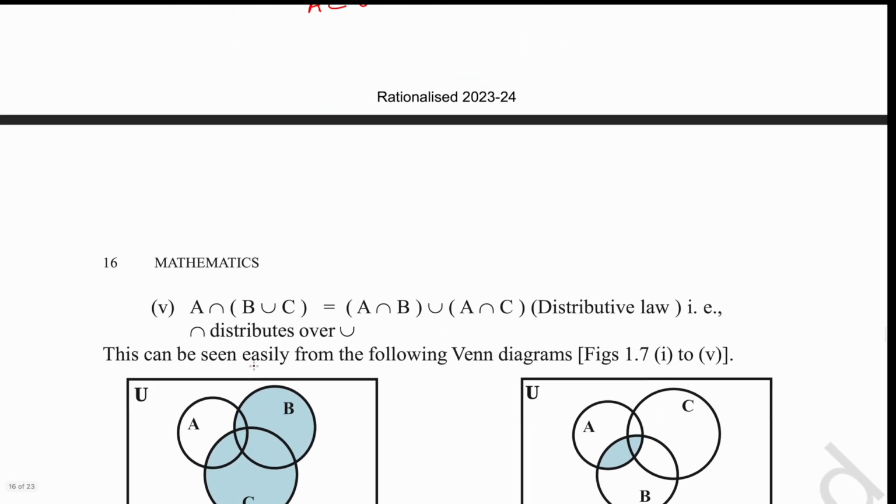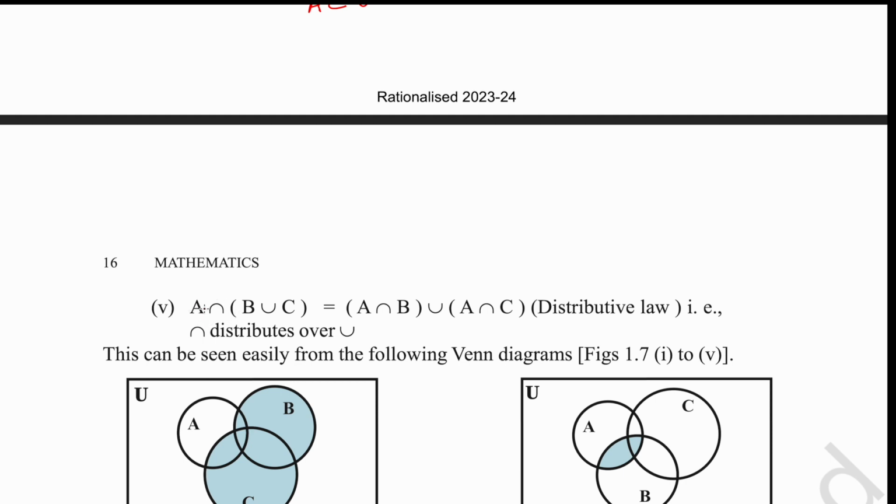All right, now the fifth one is relatively interesting. The fifth one says that if you have A intersection of B union C, this intersection symbol gets distributed over this union symbol. Let me tell you how exactly we interpret it in terms of mathematics.